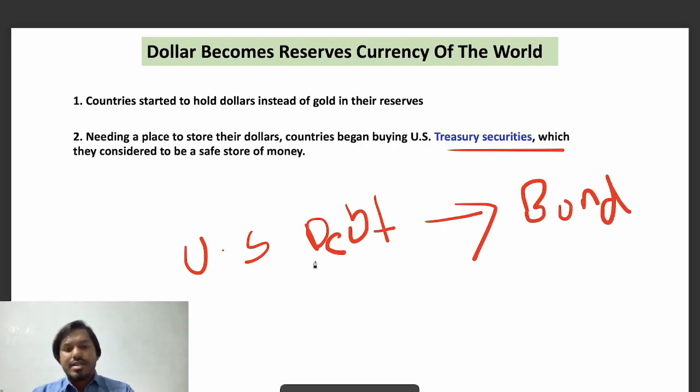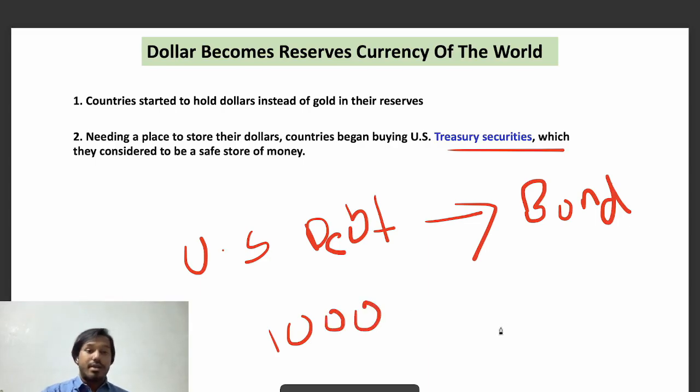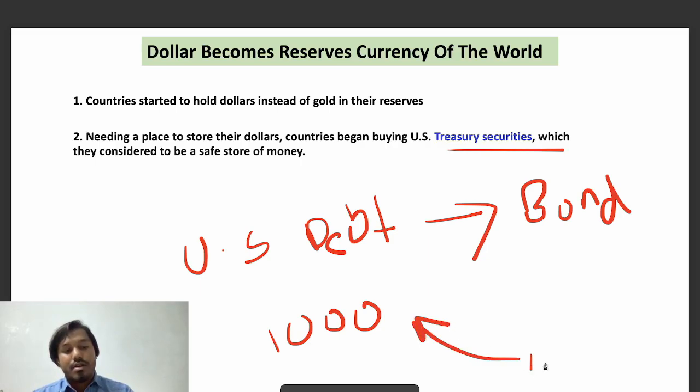Let's say America wants $1,000 to build infrastructure. Now they need $1,000. So what happens? China has $1,000 in its reserve holding. So what will China do? China will give them this $1,000, depending on the bonds, let's say for 5 years.